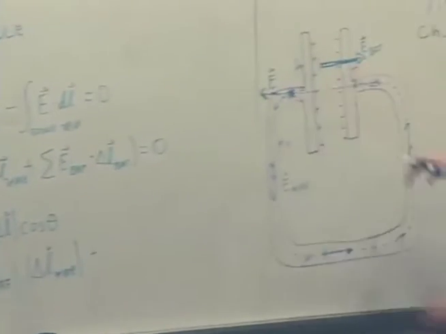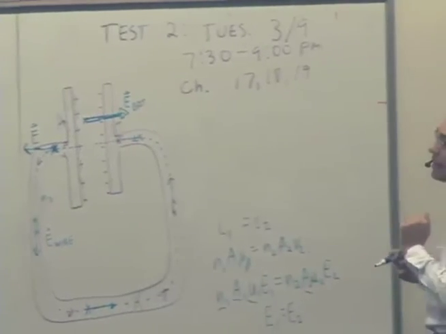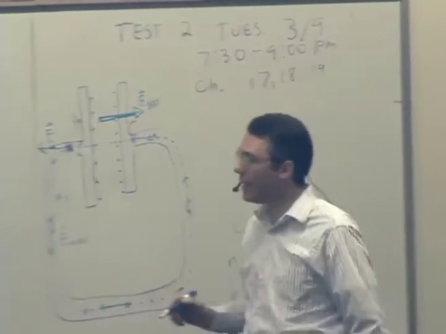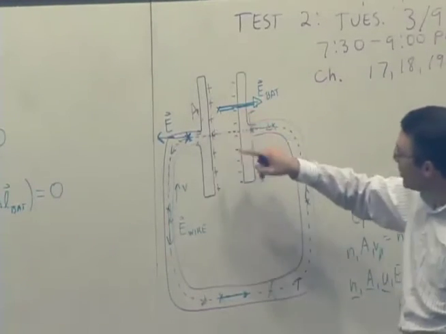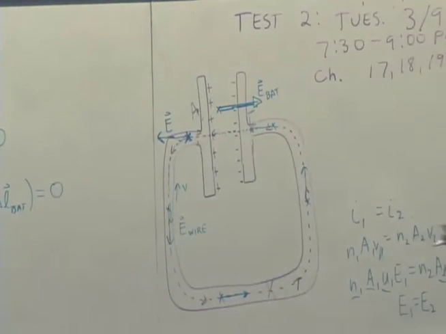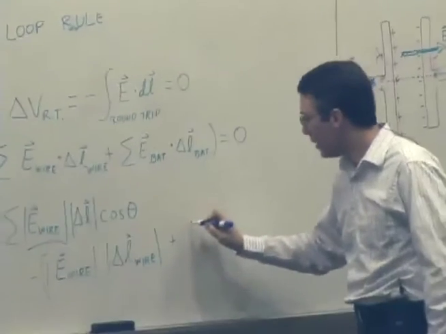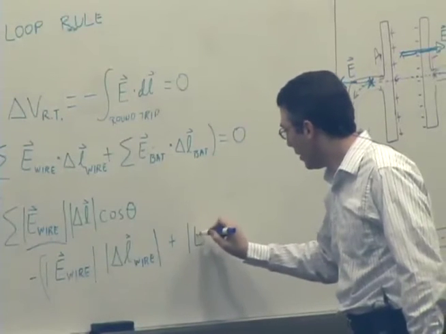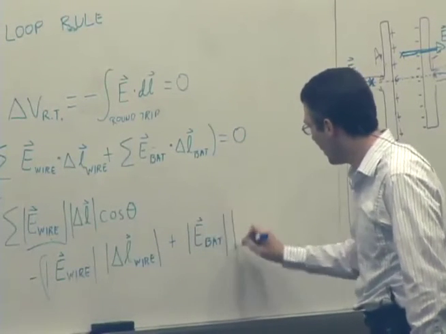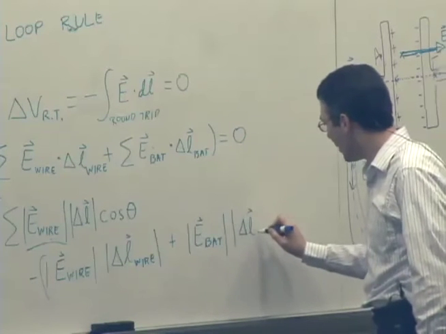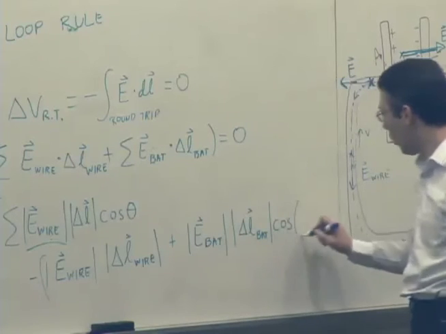If we assume that this is kind of like a capacitor, the electric field should be uniform inside the plates. And again, in this case, my path is in the opposite direction of the electric field, right? So I'm going to get the battery magnitude times delta L across that length of the battery times the cosine of what angle?